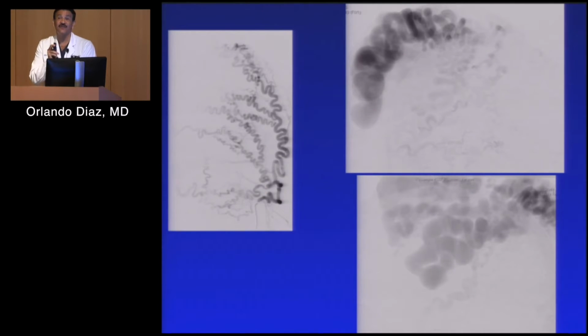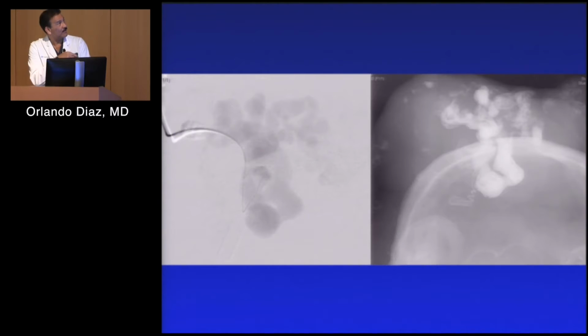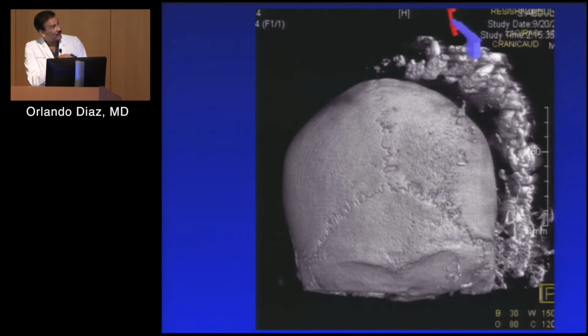The treatment is very simple. We need to find where they are connected and disconnect them, surgically or endovascularly. That's what we did. The connection was here. I put a needle there and injected a kind of glue called Onyx, which is ethylene vinyl alcohol. And then look at the glue inside.